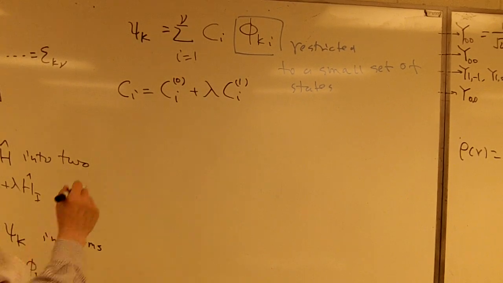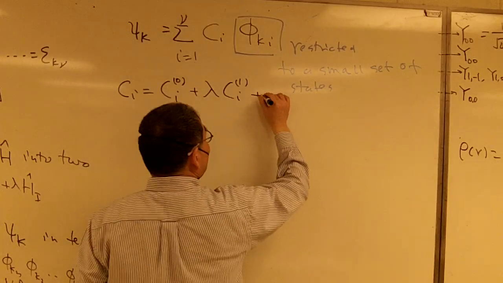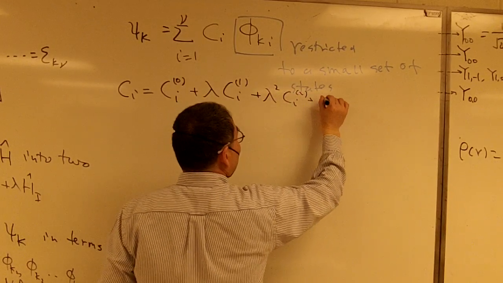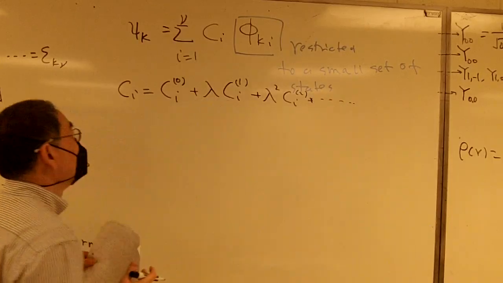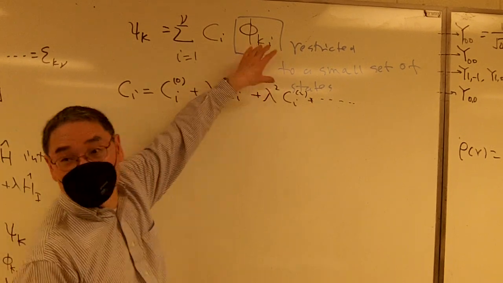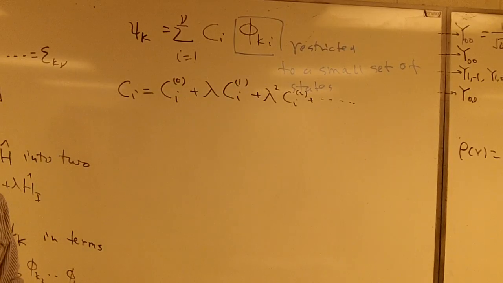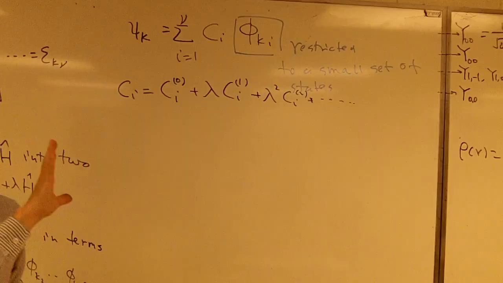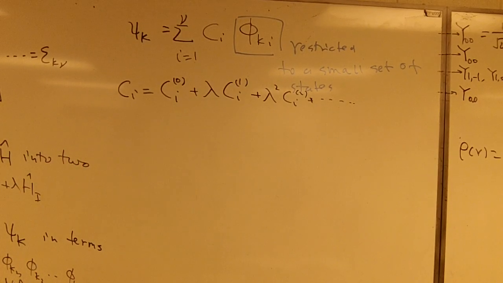Then we will have subsequent orders, lambda squared C i,2, and the remaining terms. I don't want you to be discouraged by this expression, saying, Dr. Zhang, wow, all these terms will be included. Most of the time, the maximum we stop at is just two terms. The rest just look scary, but we never use them, essentially.